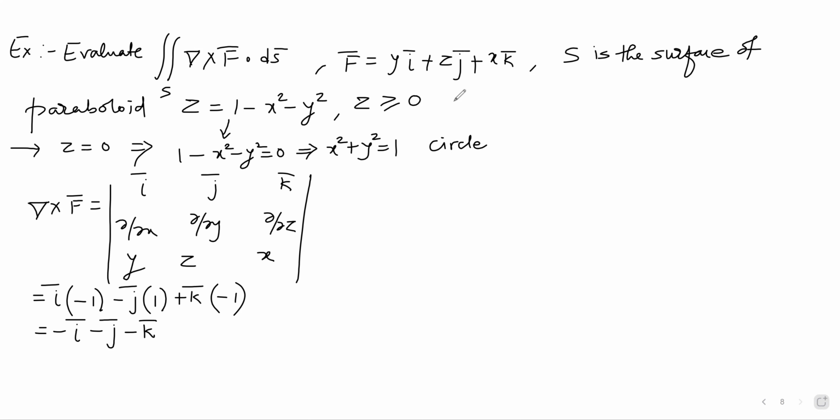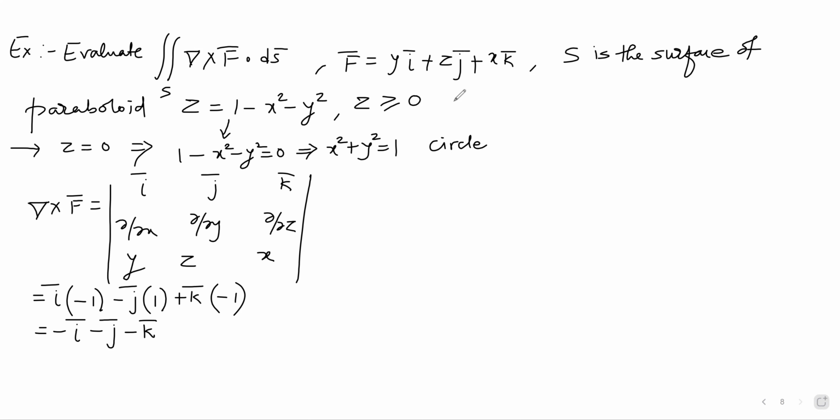Now the surface of the paraboloid has a boundary, and that boundary is what? It's a circle, correct? So the boundary is when you cut on the z equal to 0 plane, it is a circle. So we'll calculate it over the circle.